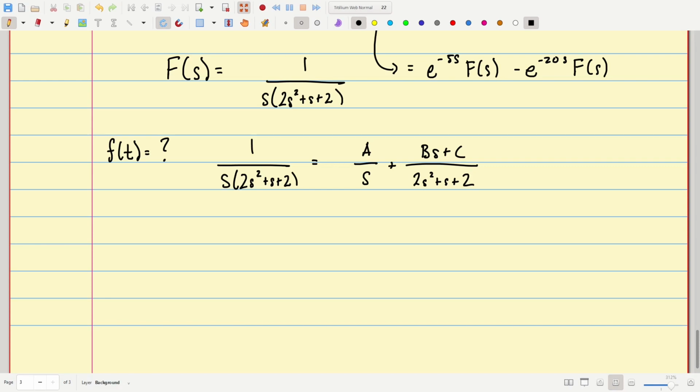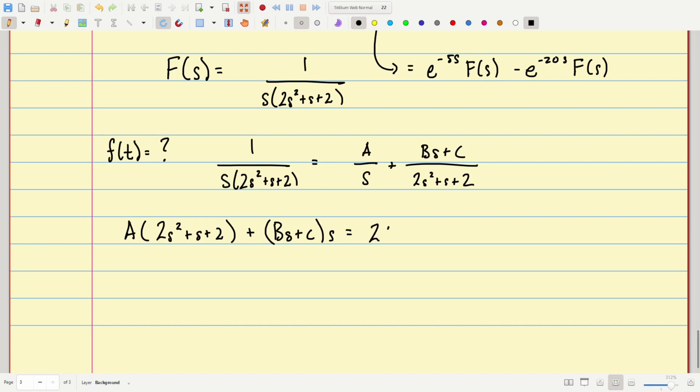So the idea is that we do the necessary multiplication to give these things all a common denominator, and then set the numerator of that expression equal to our original expression, and determine the values of the coefficients a, b, and c. So we have a times 2s squared plus s plus 2 plus s times the quantity bs plus c.